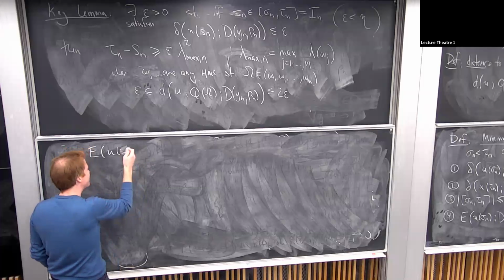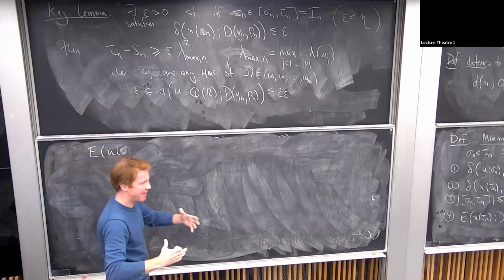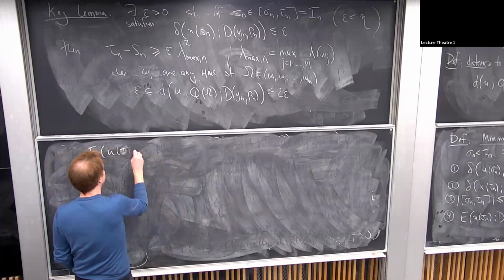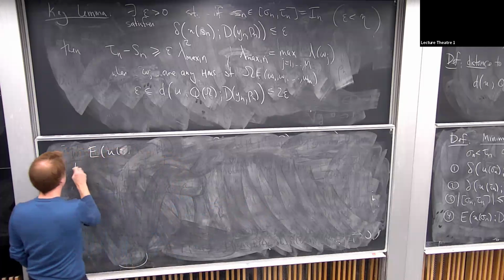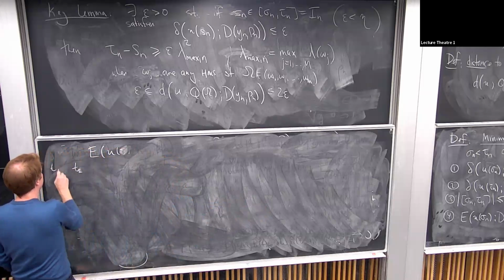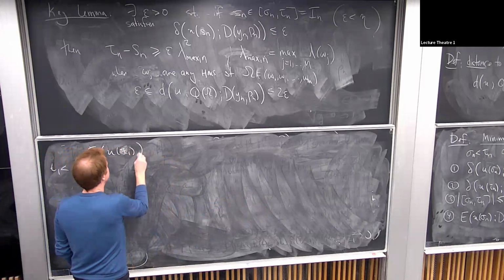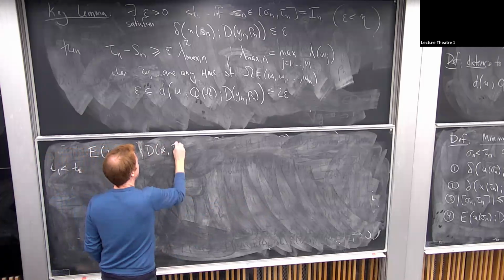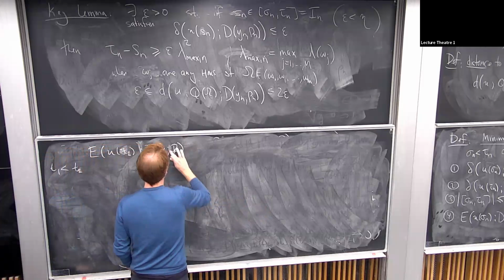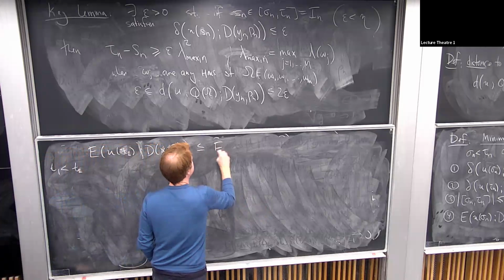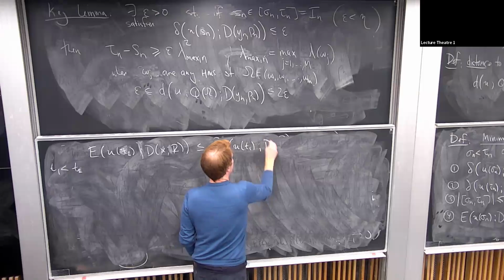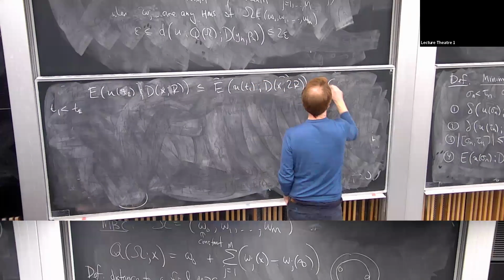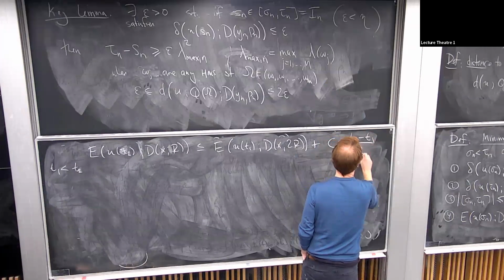So for a parabolic equation, I could think of how long it takes to move some mass. If I have T2 greater than T1, the energy at time T2 on a disk about x of radius r is less than or equal to the energy at time T1 on the disk of radius 2r, plus a constant times (T2 minus T1) over r squared.